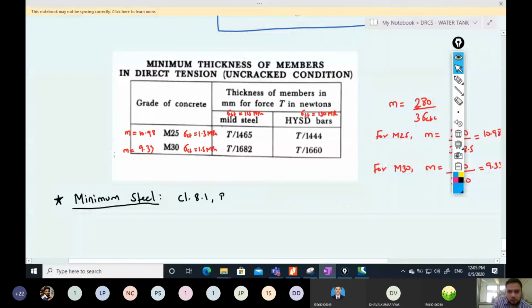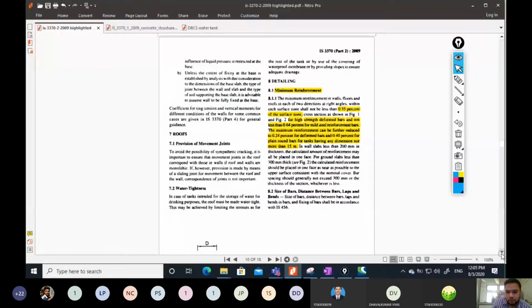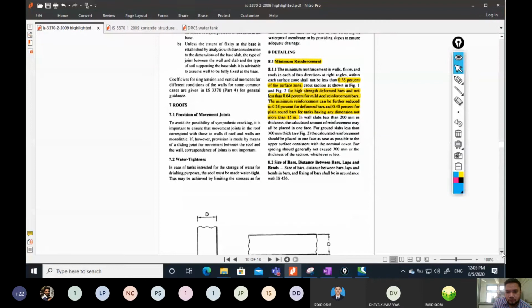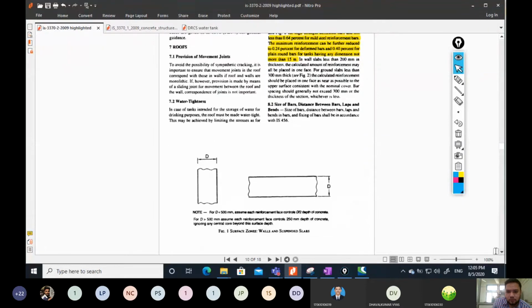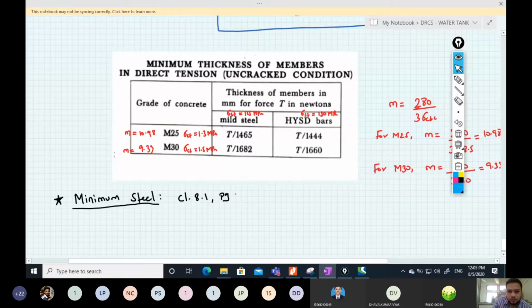Clause 8.1, page 5, IS 3370 part 2, 2009.